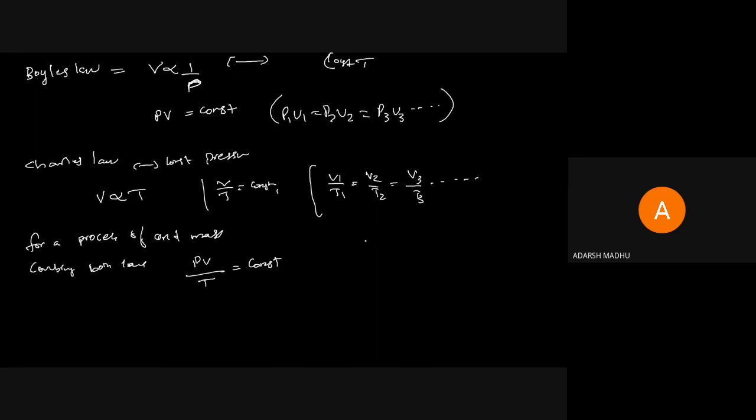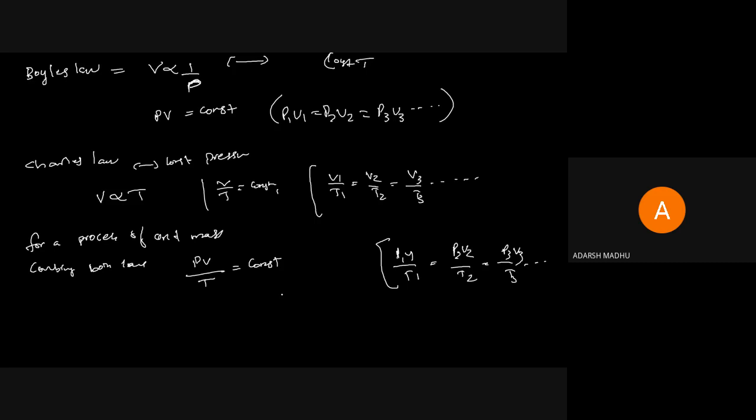For a process, we can take P1 V1 by T1 equal to P2 V2 by T2 equal to P3 V3 by T3, and so on. PV by T equal to constant.